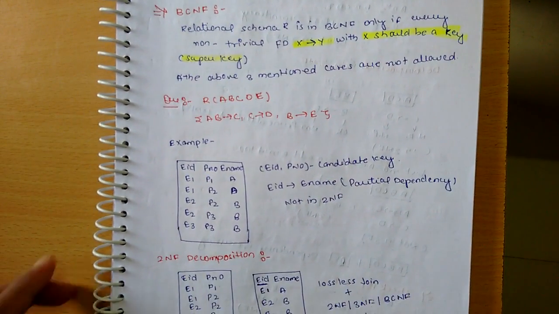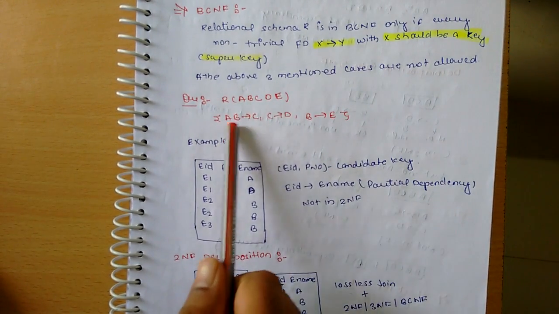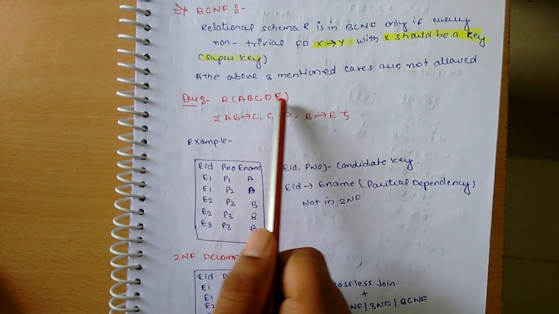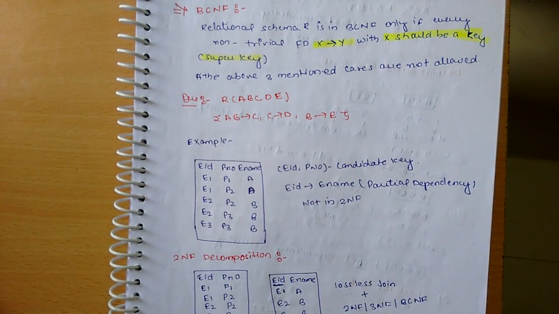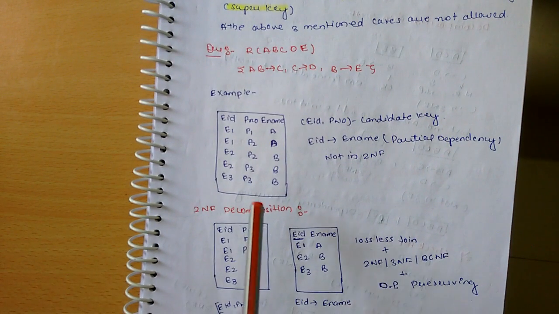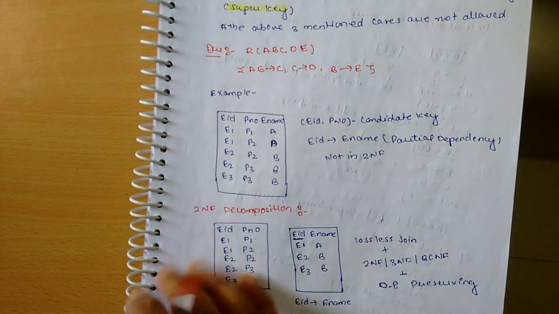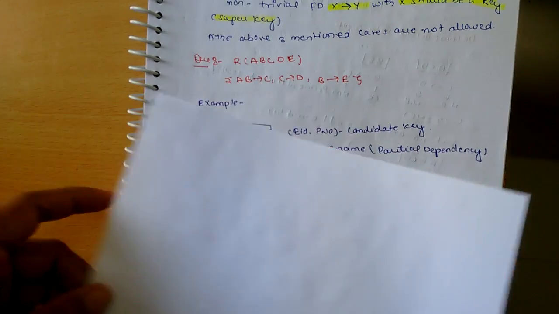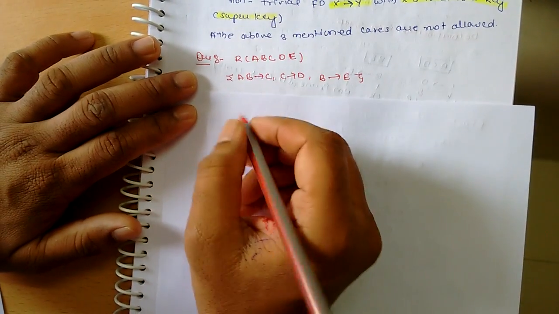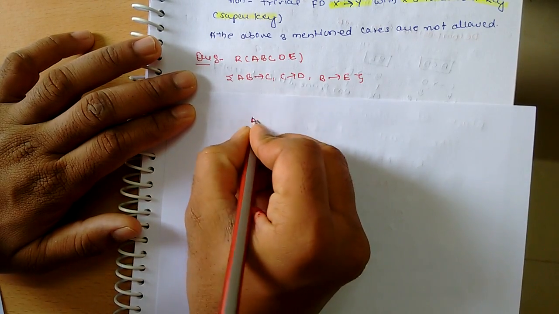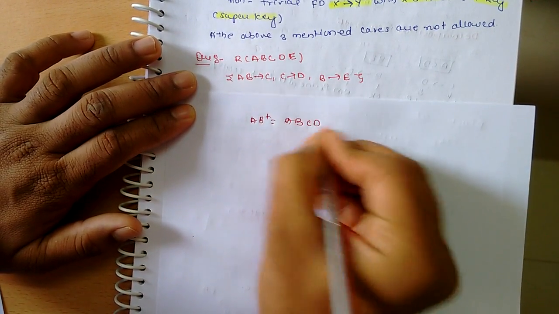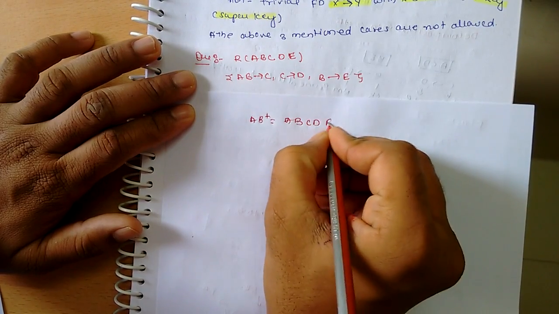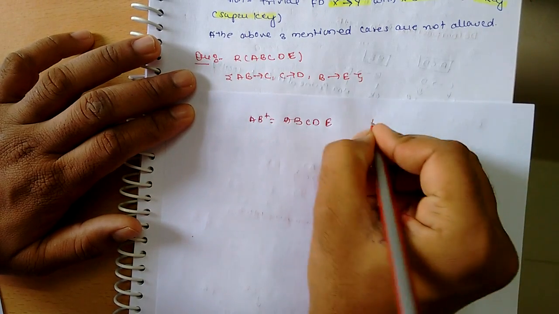I'll take an example here. There is a given relation ABCDE and the functional dependencies given are AB goes to C, C goes to D, D goes to E. So what is the candidate key? AB is the candidate key.